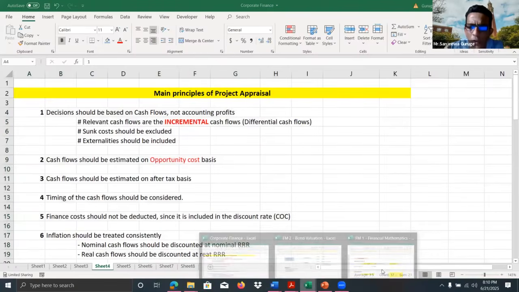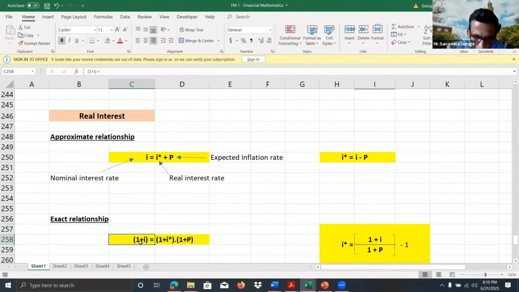So okay, this Fisher formula is 1 plus nominal interest rate equals 1 plus real rate into 1 plus expected inflation. Generally, for the expected inflation rate, this P is used because inflation rate is calculated based on what? Based on price index. So that's why this is the normal formula.